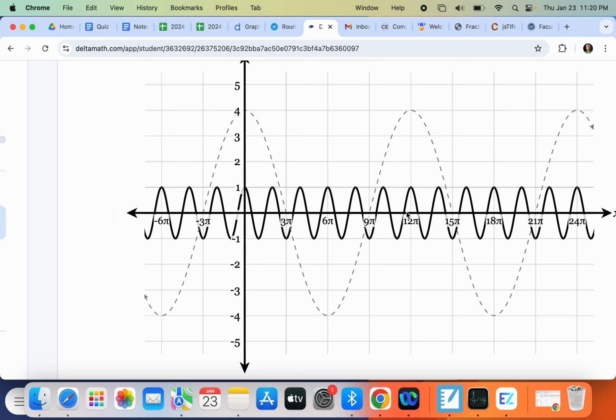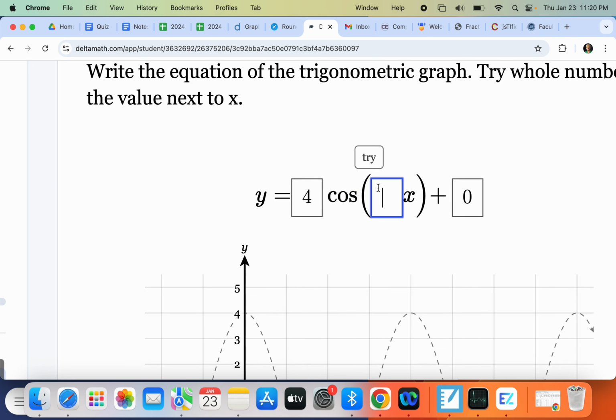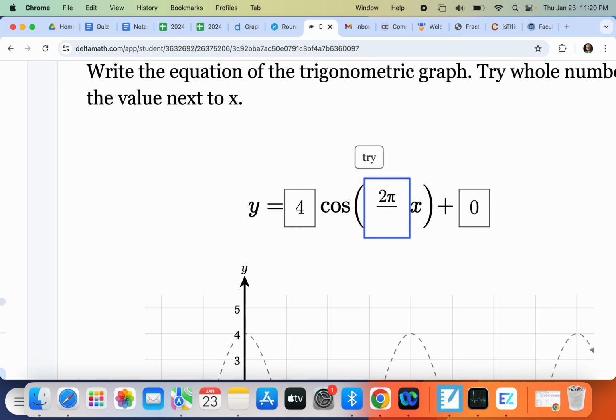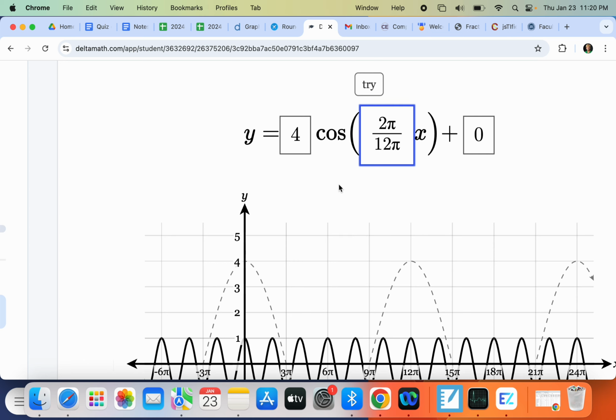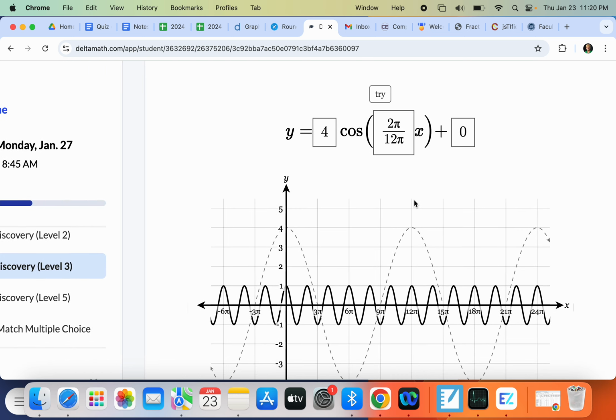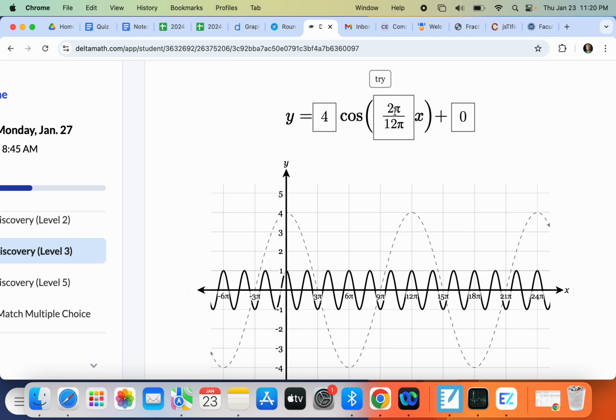Okay, so all you have to do is say 2 pi over 12 pi. Now, that would reduce to just 1 over 6. But let's see if it'll just take it, because that's literally what it would do. But you could change it to 1 over 6. Let's see if that'll work.